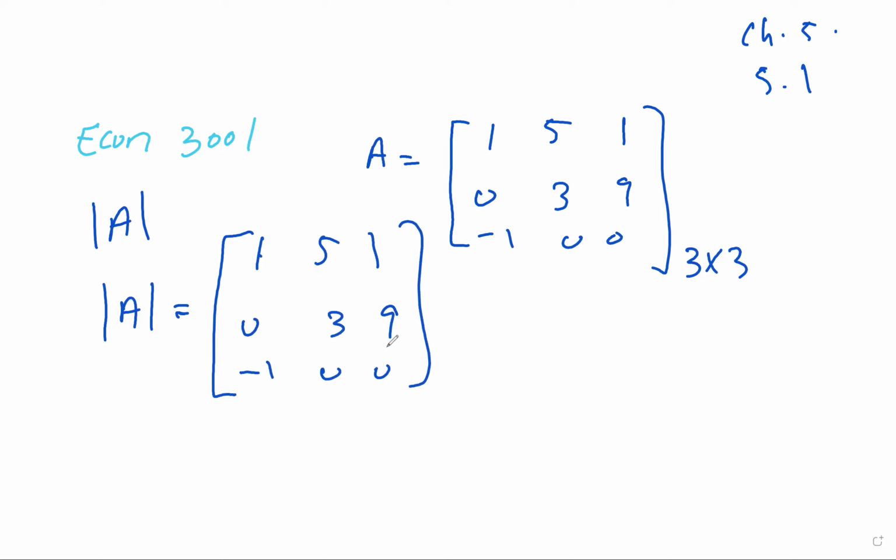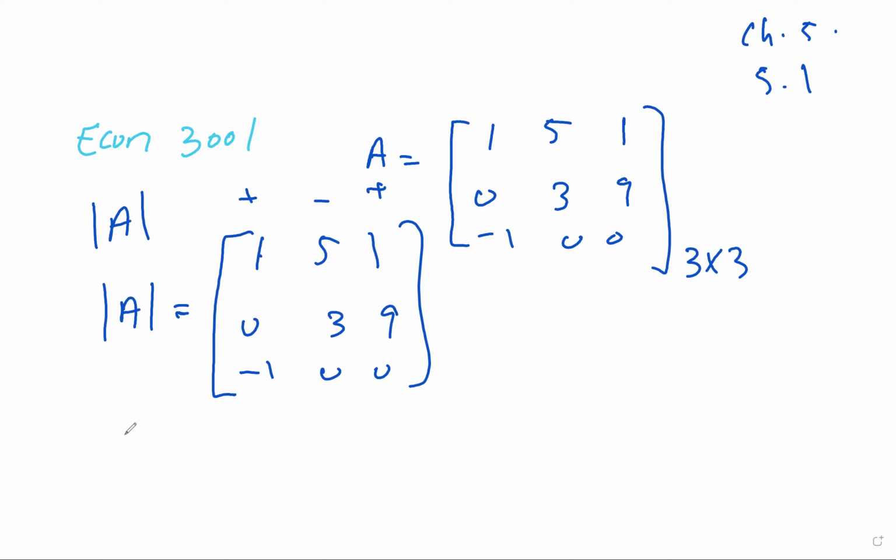The traditional way used to calculate this, and the textbook we are using for this class uses it too, is that we cover one row and one column, and then we take the determinant of what remains. Of course, don't forget the signs: plus, minus, plus. That's how we do it.